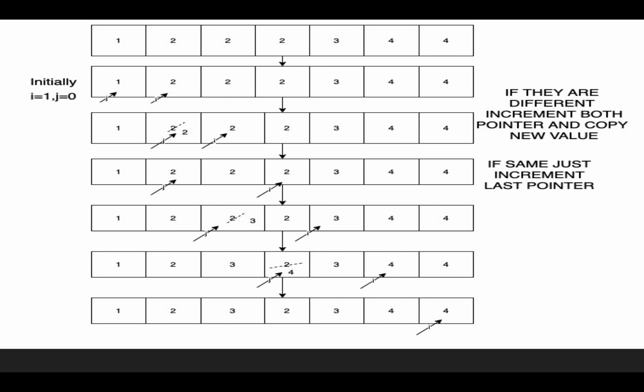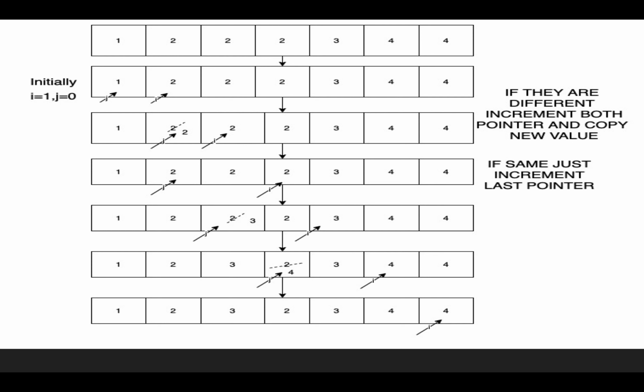They are different, so we have to increment both pointers. Now j is 1 and i is at 2, and we have to copy the i index value to the jth index. So 2 will become 2, with j equal to 1 and i equal to 2. Then we check index 2 and index 1.